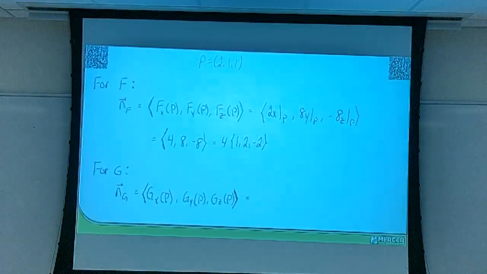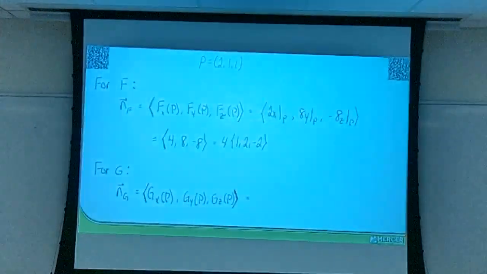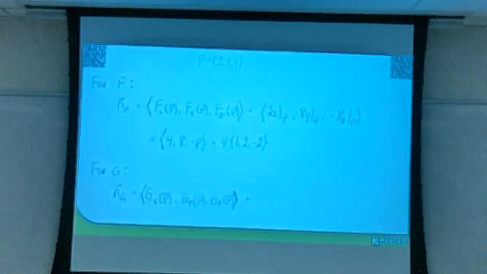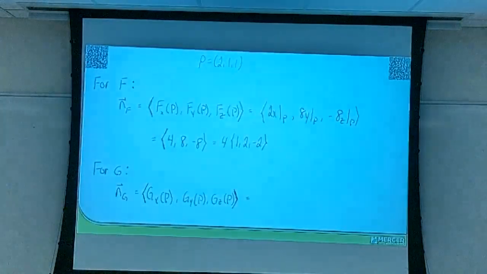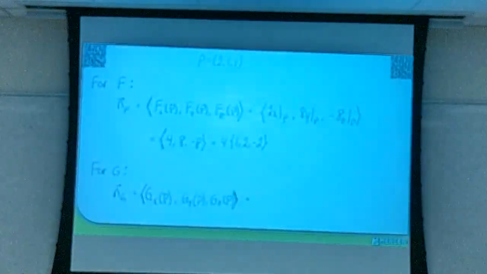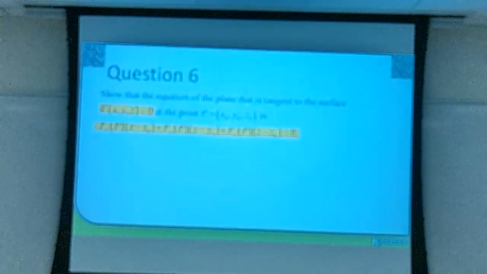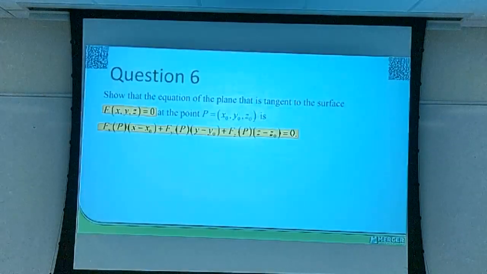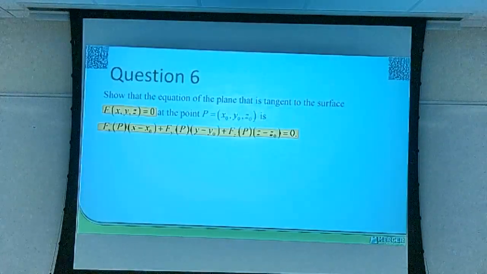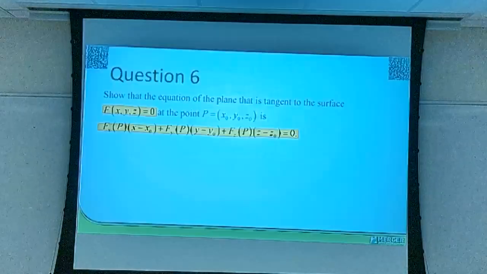Without going through the process of actually finding those tangent planes, I'm jumping right to finding the normal vectors, using that result which I had proven, for the sake of time. So would we have to go through the whole steps? No, just do it.